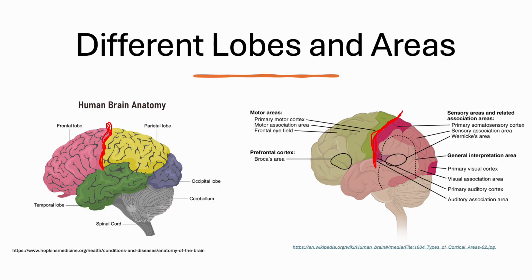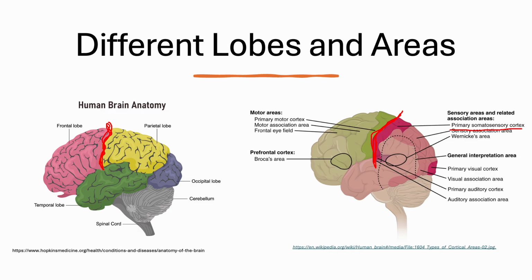And right behind this big giant groove is the primary somatosensory cortex. As we can see right here, all of the tactile senses are processed in this area in the parietal lobe, such as touch, pressure, tickle, pain, itch, vibration, and other general senses of the body.